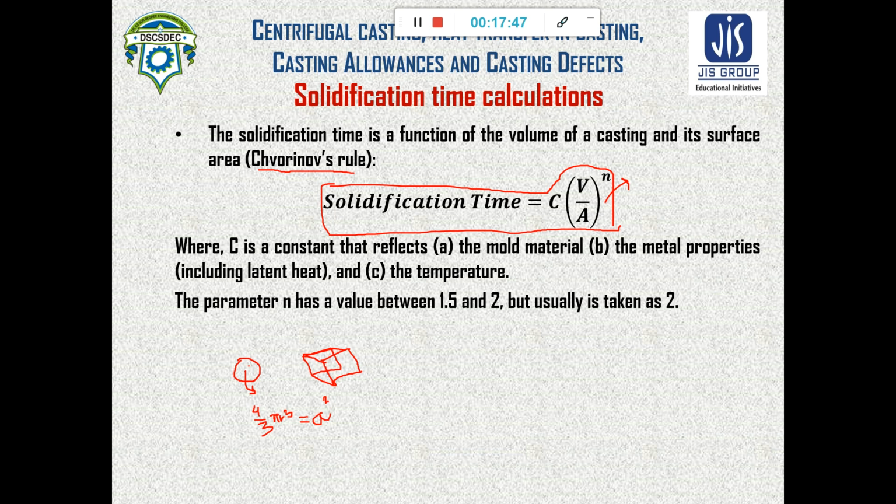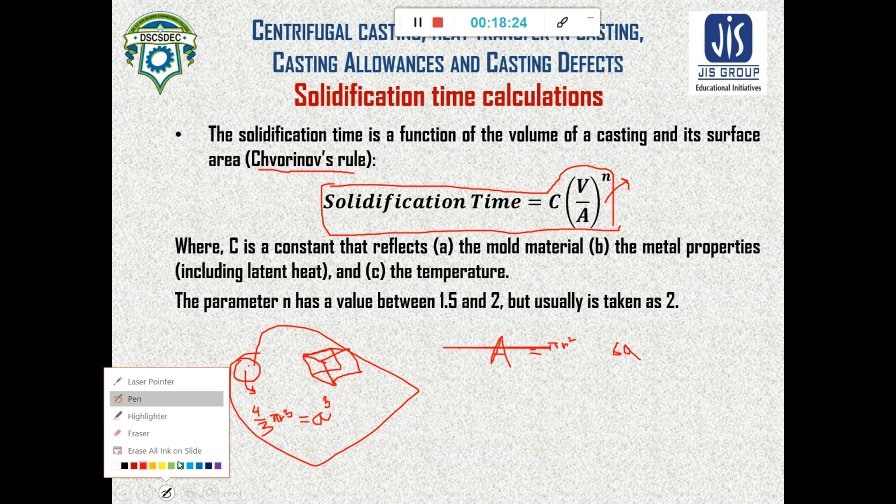Now the surface area of the sphere is given by 4 pi r square, and similarly the surface area of the cube is given by 6a square. So using these formulas, we can do the calculations.